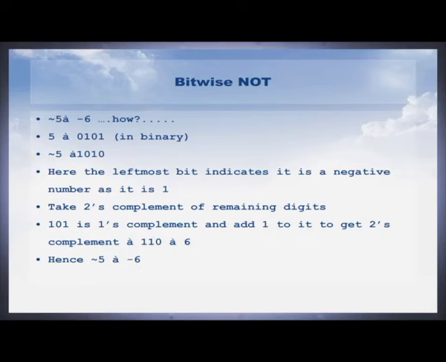In order to take the 2's complement, first find the 1's complement and add 1 to it. So, 1's complement of 101 is 010. When you add 1 to it, you will get 110. So, complement of 5 is minus 6. Here we have presented the list of bitwise operators that are available in Python.